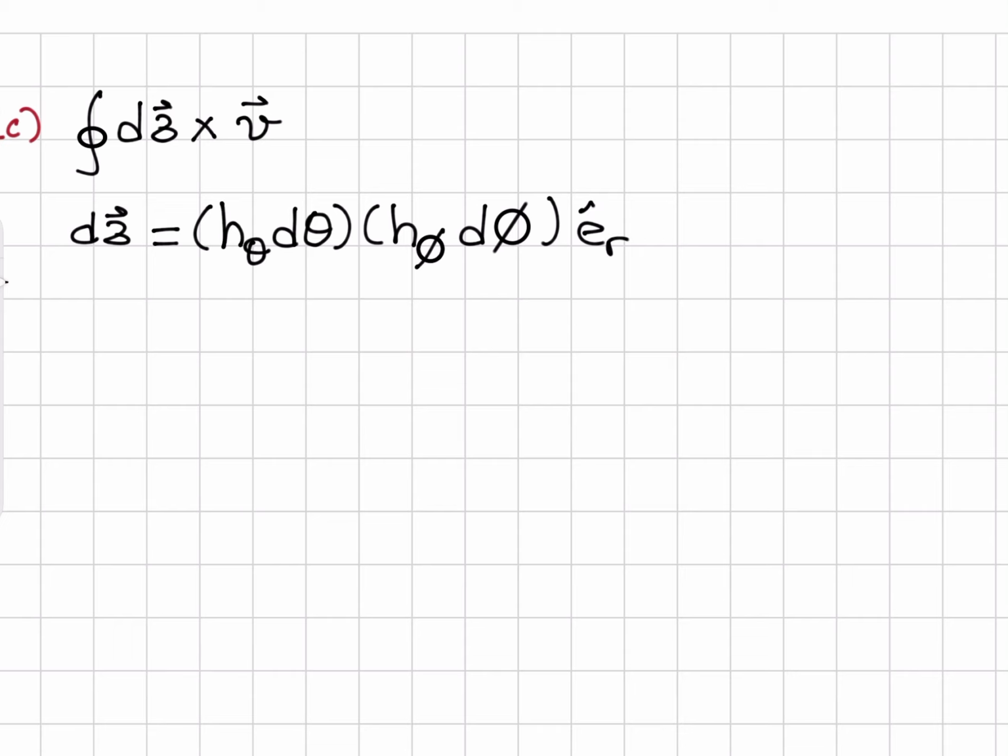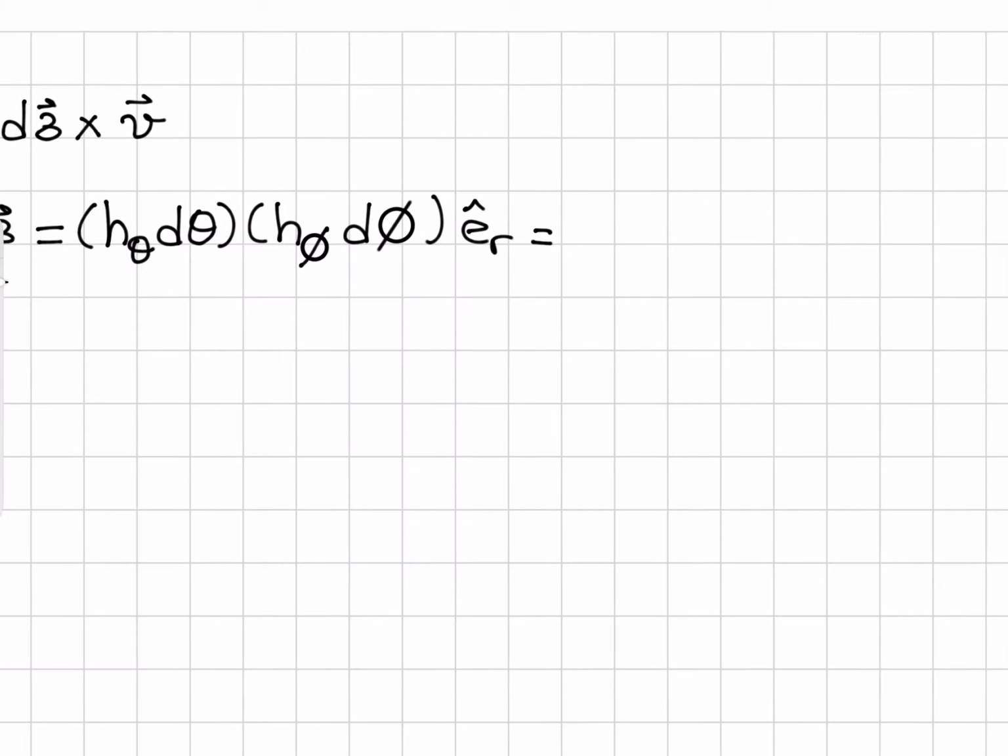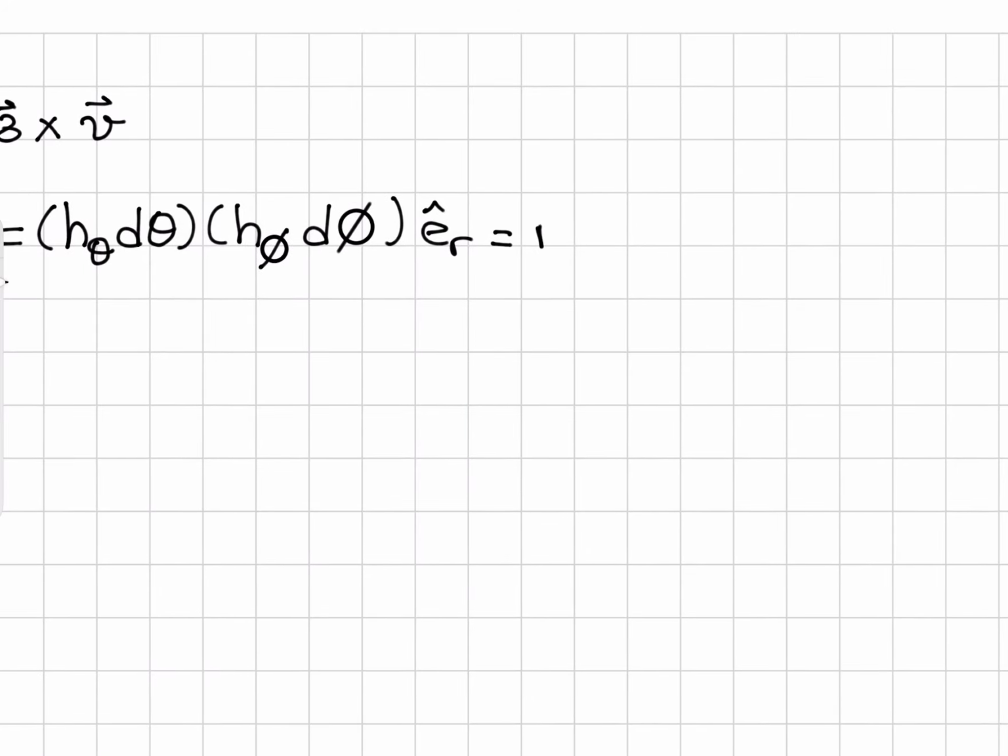And we have calculated the scale factors h theta and h phi, so we obtain r square. One of them was r, the other one was r sine theta, so we obtain r square sine theta, the polar angle theta, d theta d phi in er hat direction.